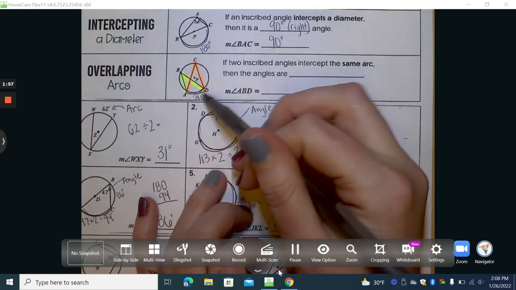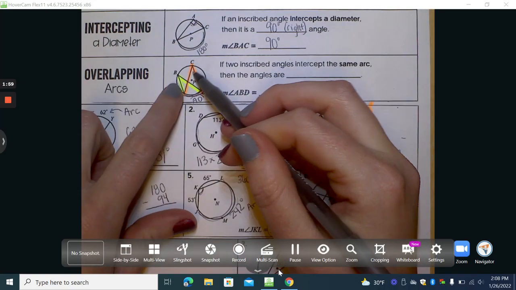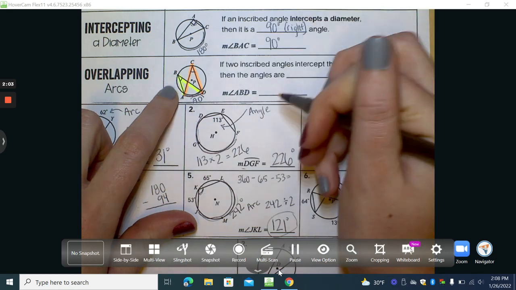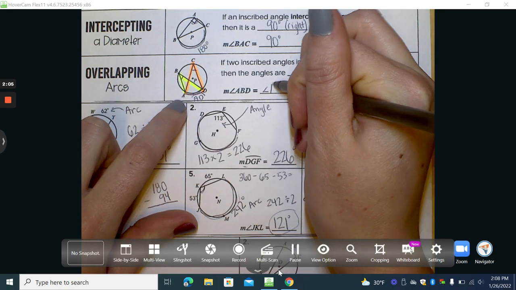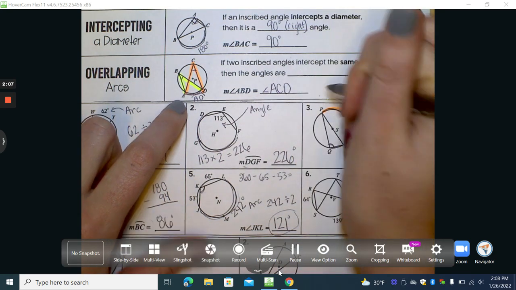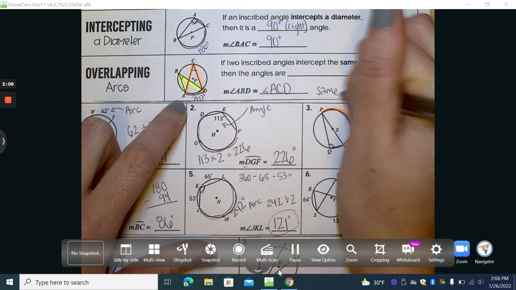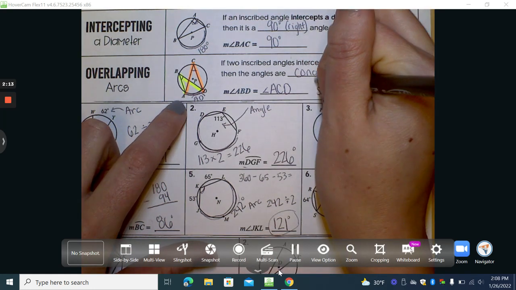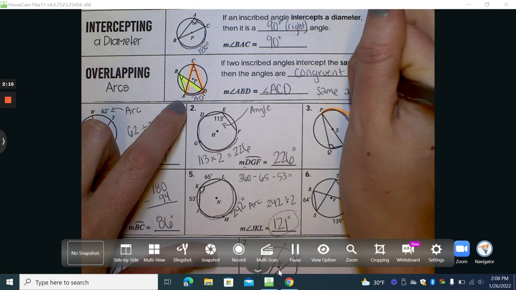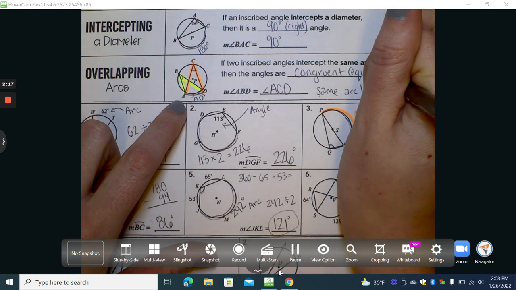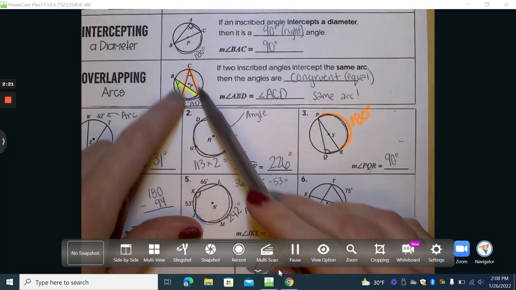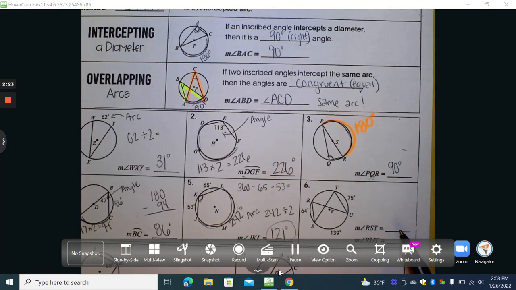And so since they have the same arc, they will be the same measure. So angle ABD is exactly the same as angle ACD because they have the same arc, are congruent, or in other words, equal to each other. So because they intercept the same arc, they are going to be equal to each other.